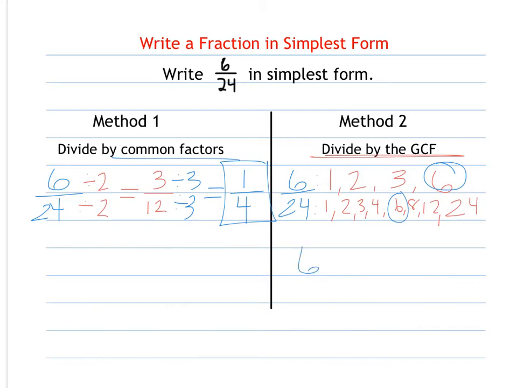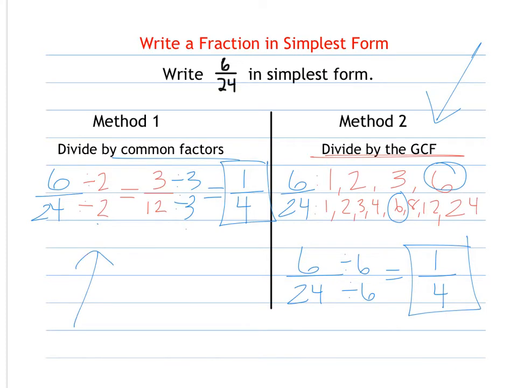So instead of dividing by 2 and 3, which 2 times 3 is 6, we can divide once by 6, and we'll be simplified right away to 1/4. So this way, if you know your greatest common factor, you'll get there a little faster. This way, you'll still get there. You just might have to do a couple more steps.